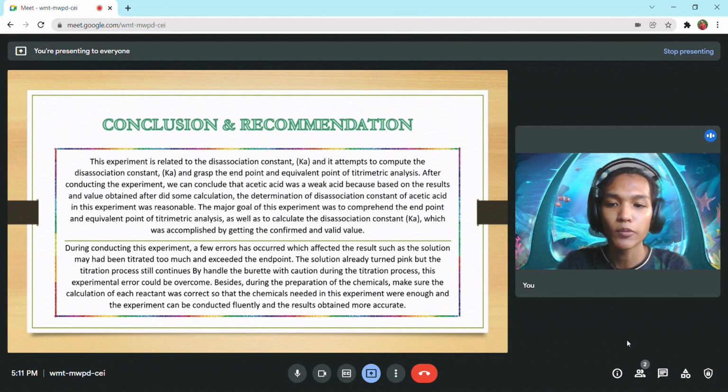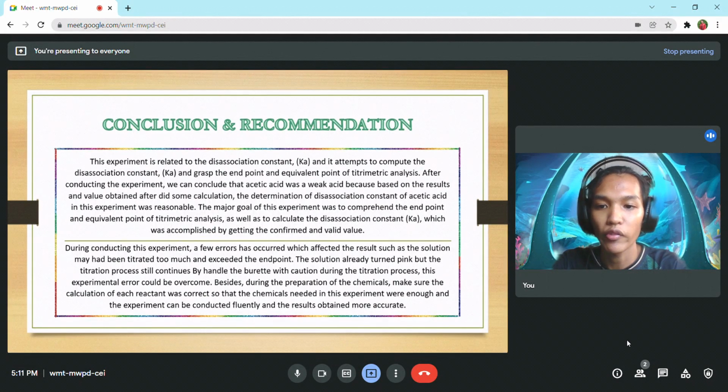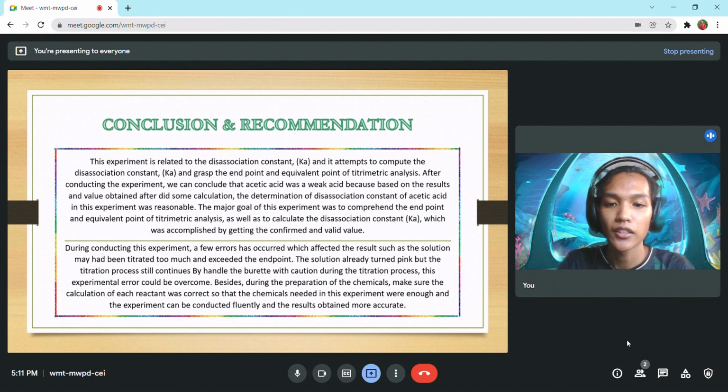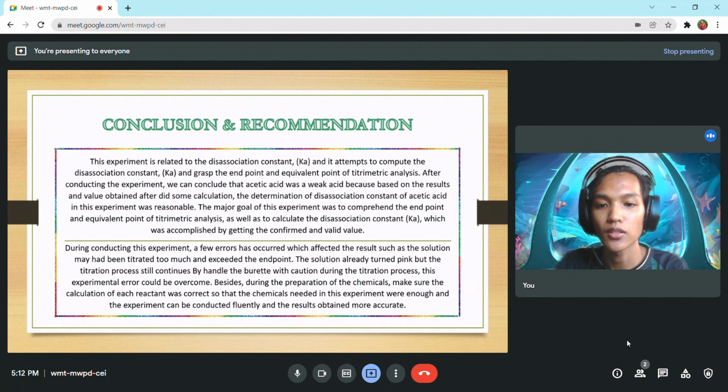After conducting this experiment, we can conclude that acetic acid is a weak acid, because based on the result and value obtained after some calculation, the determination of the dissociation constant of acetic acid in this experiment was reasonable. The major goal of this experiment was to comprehend the endpoint and equivalent point of titrimetric analysis as well as to calculate the dissociation constant, which was accomplished by getting a confirmed and valid value.